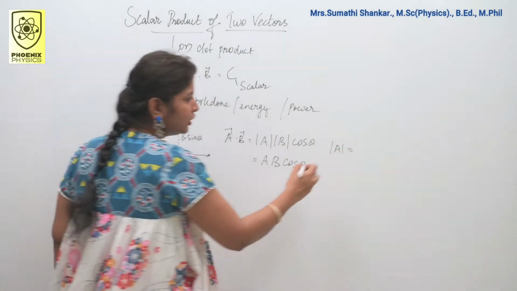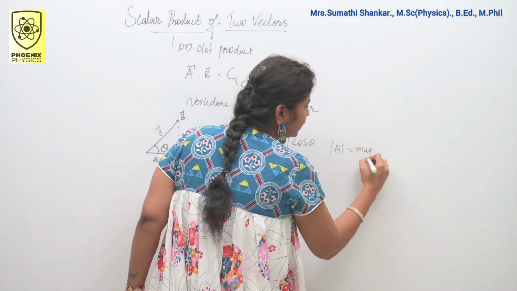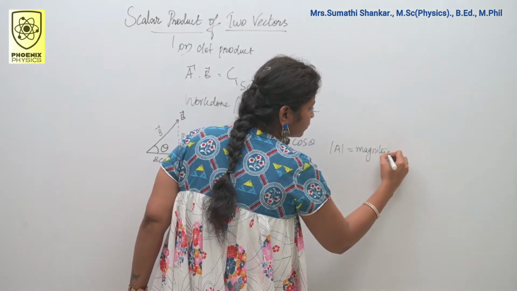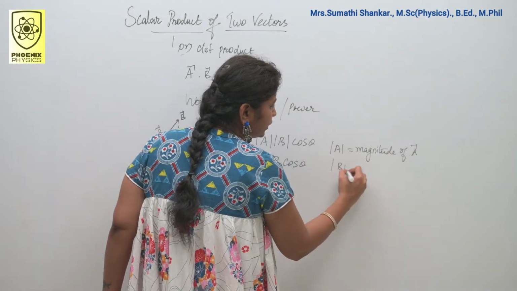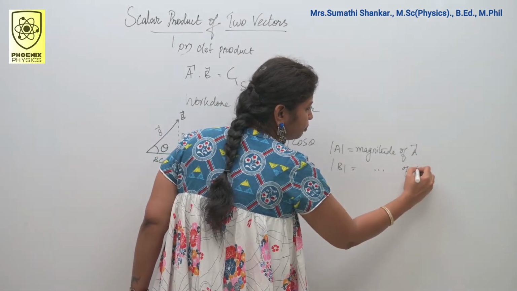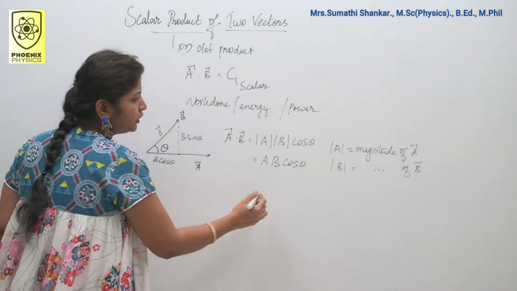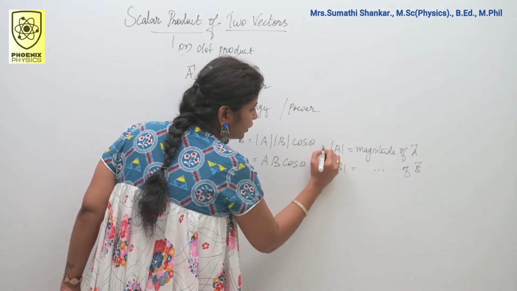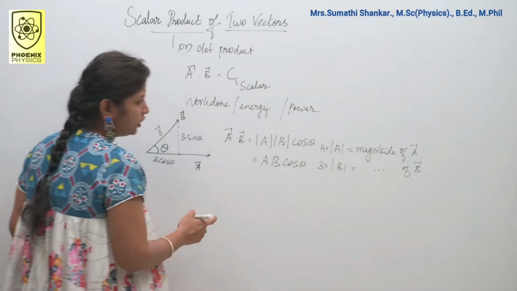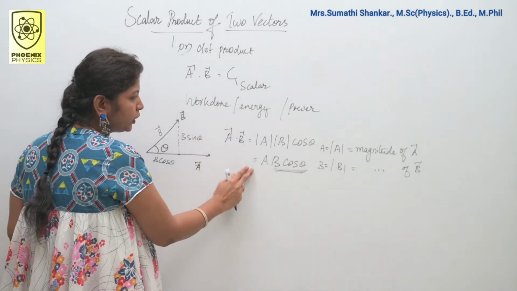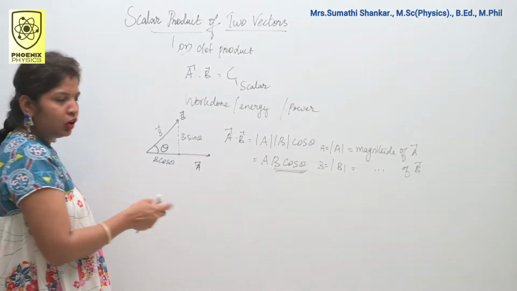It is nothing but the magnitude of the A vector. Then what is B? The magnitude of the B vector. We can write this magnitude as capital A and this magnitude as capital B. So A dot B is equal to AB cos theta.